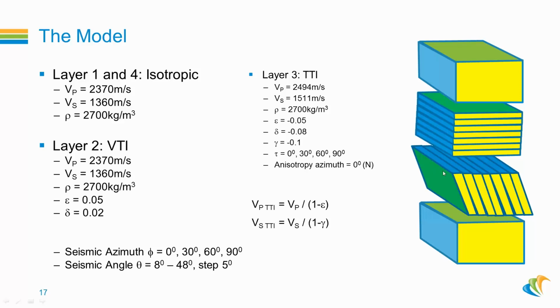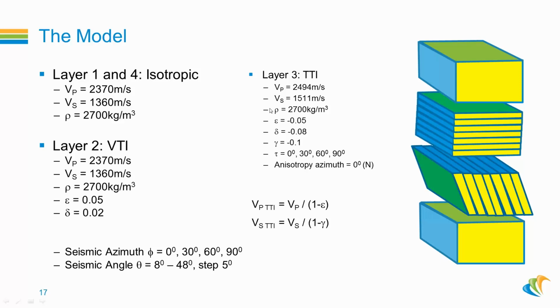So I'll rotate this TTI medium along its tilt axis. The elastic parameters are given in this slide, and you'll see that for the isotropic layer and the VTI layer, the isotropic elastic parameters are exactly the same. That means at the zero angle there will be no reflection coefficient, and any reflection on the interface between the isotropic layer and the VTI layer is due to the anisotropy itself.